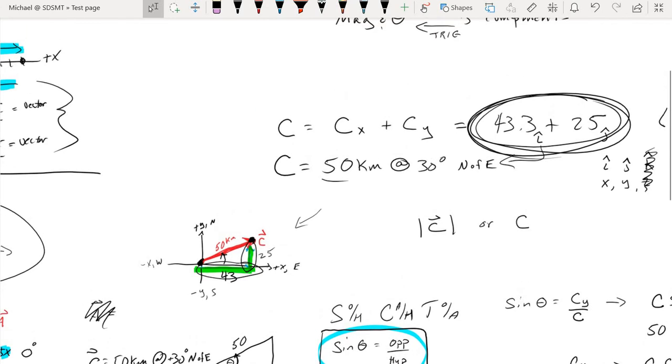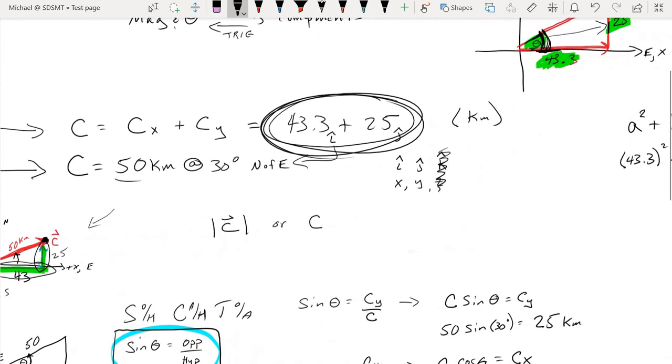We can either describe the vectors using the magnitude and angle notation, or we can describe the same vector using components measured with respect to the x, y, z axes using the i, j, k notation. And as I said, we will eventually start dealing with three-dimensional vectors.